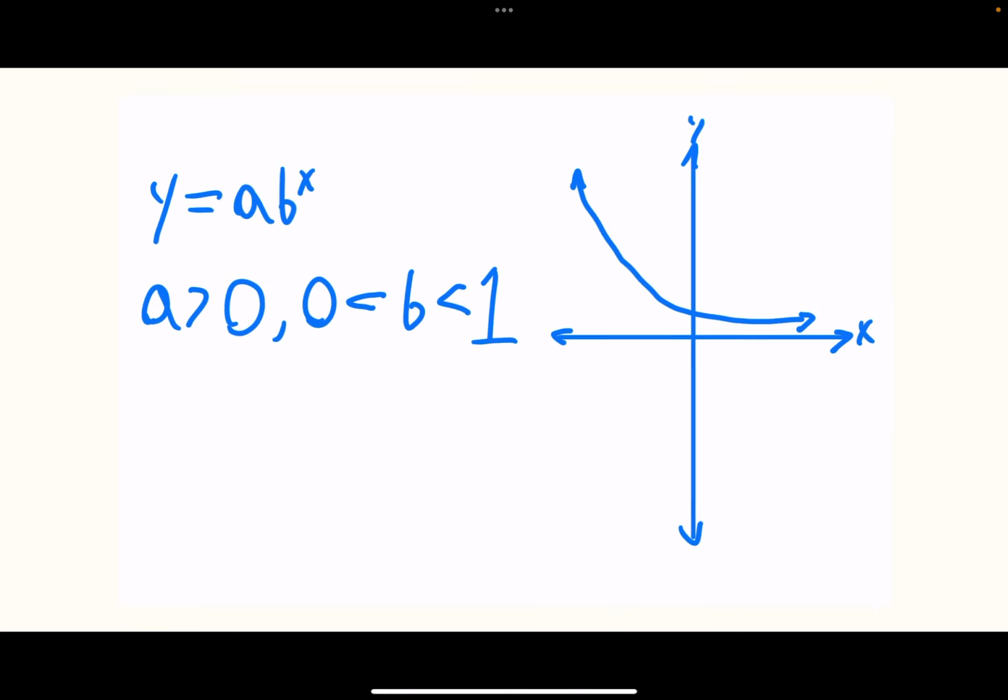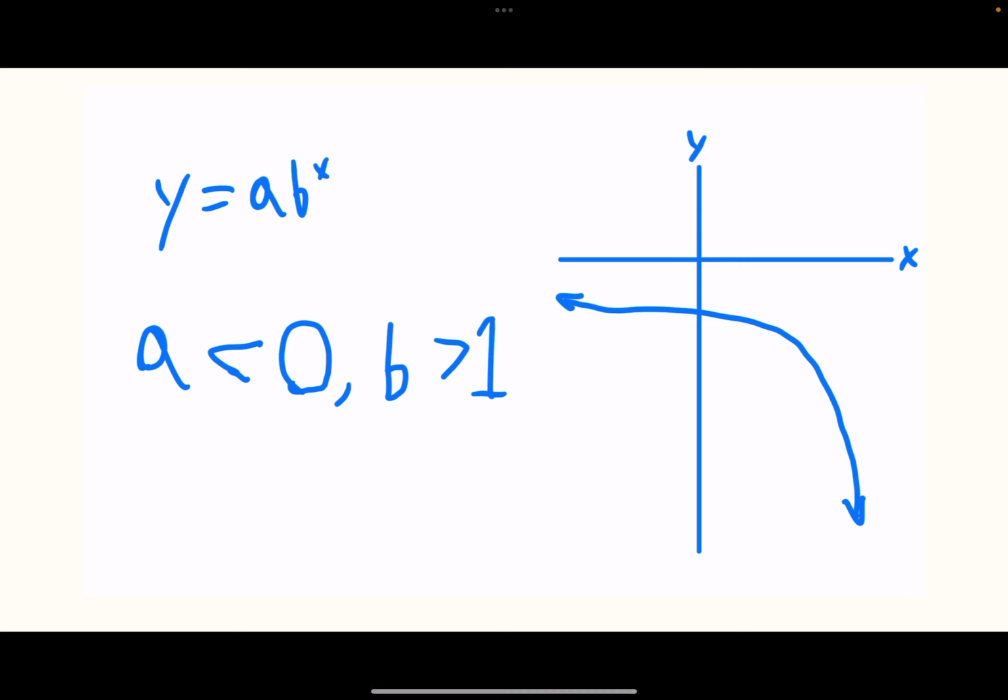Another example is if a was greater than 0, but 0 was less than b and b was less than 1. You'll see it'll go from the right side of the x-axis up to the left of the y-axis.